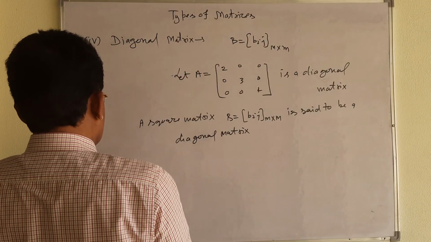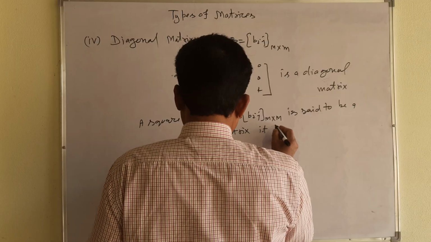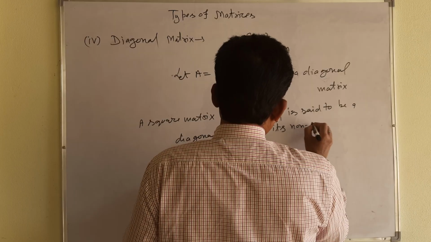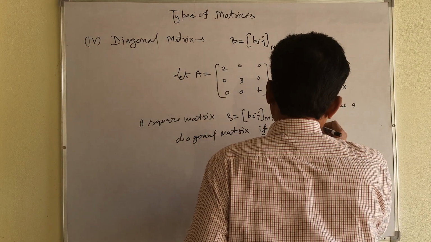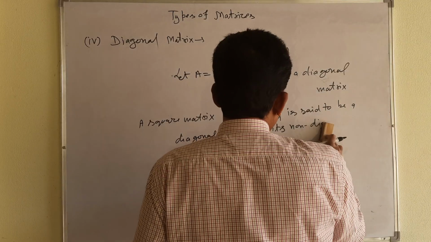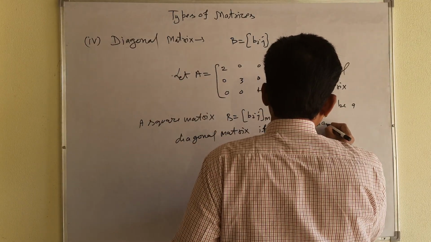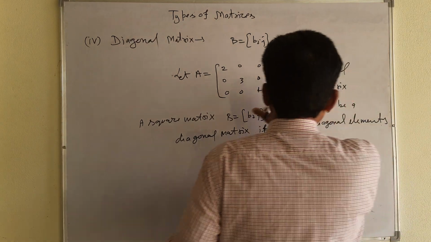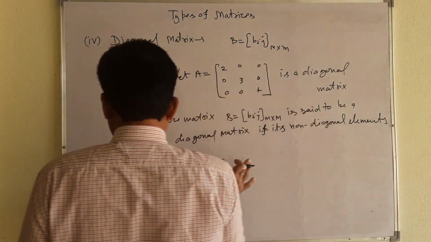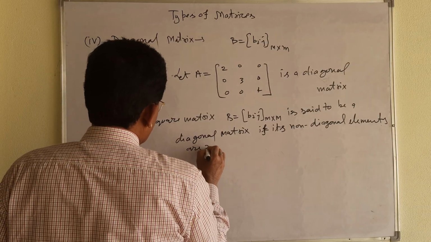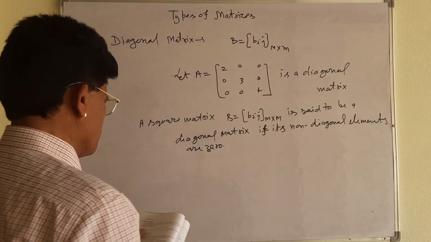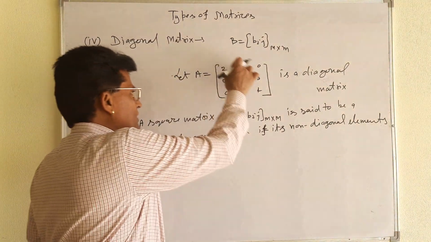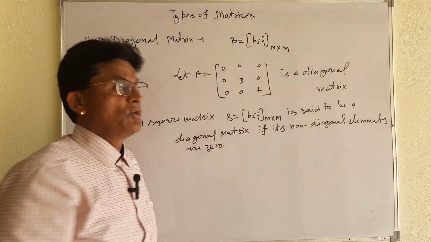A square matrix is a diagonal matrix if its non-diagonal entries, either entries or elements, are zero. That is why you must keep in mind, this is the example of the diagonal matrix. Diagonal elements can be non-zero, but the other elements will definitely be zero.